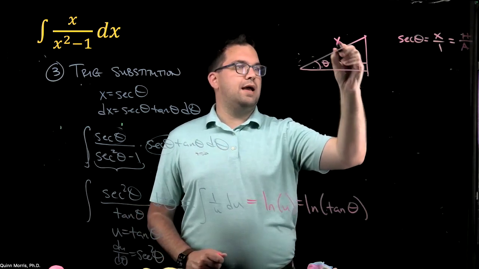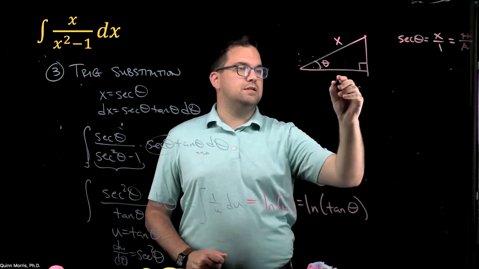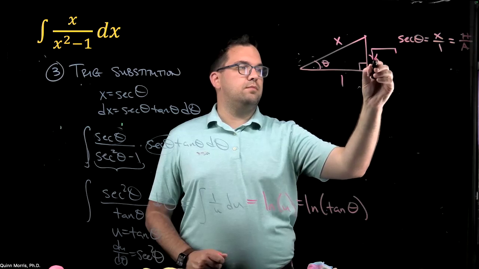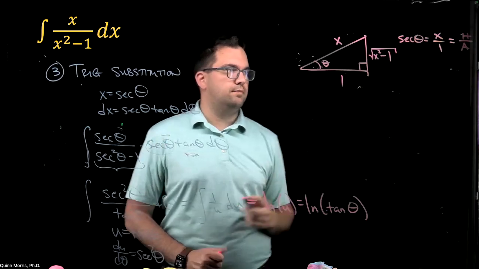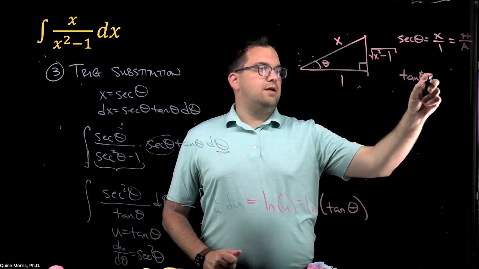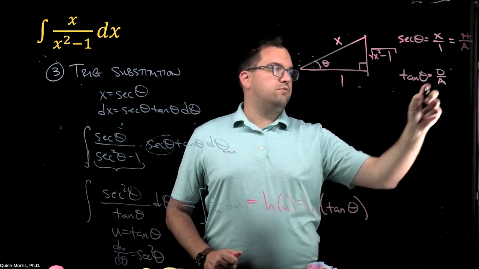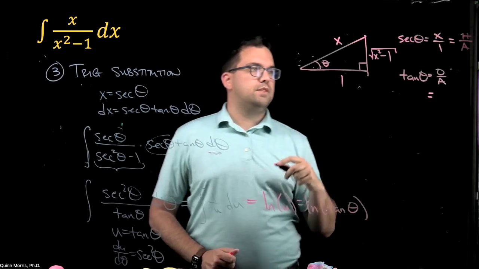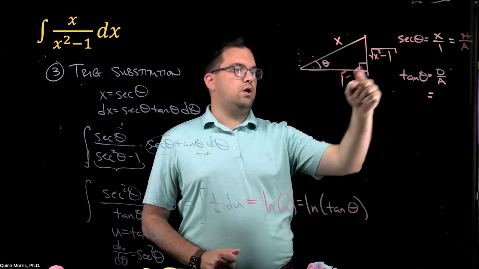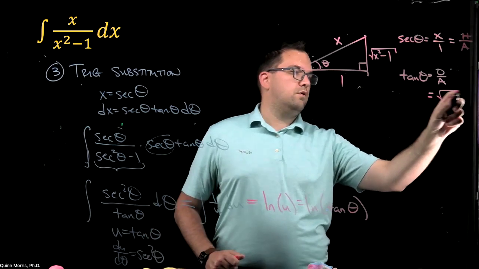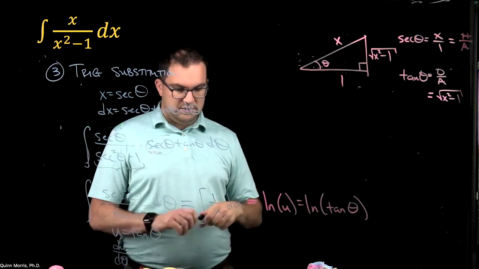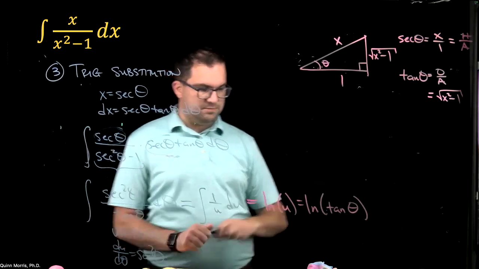My hypotenuse will be x and my adjacent side will be 1, and by the Pythagorean theorem, the opposite side will be square root of x squared minus 1. So then tangent theta, which is opposite over adjacent, will be square root of x squared minus 1 divided by 1, or just square root of x squared minus 1.